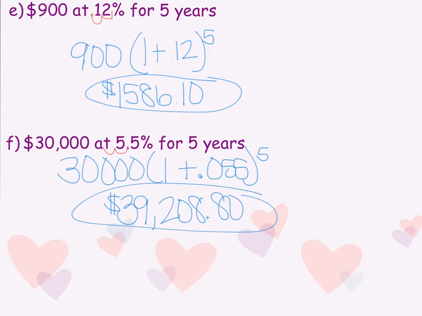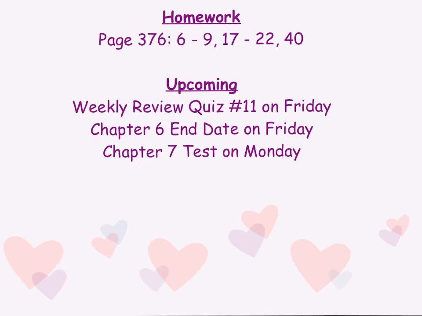So your principal, or your balance I should say, after these 5 years in this example would be $39,208.80. If anyone has questions on these two, please help each other out so that way you guys can make sure you are able to do these two, and we can answer any questions that you guys have.